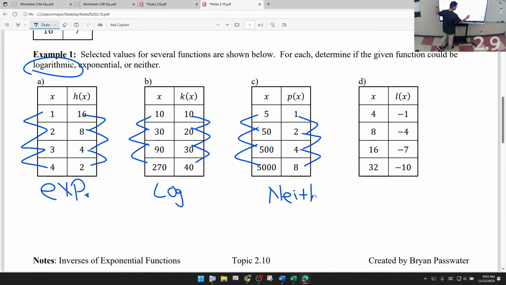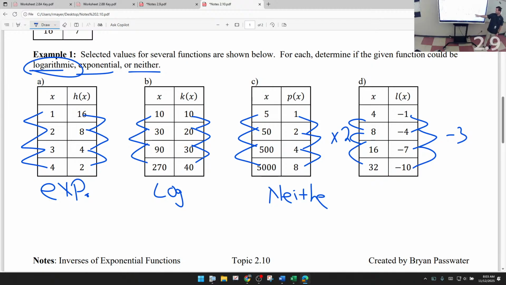Again, what were their questions? Logarithmic, exponential, or neither. So you don't have to worry about what it is. You can just worry about what it's not. So it is logarithmic when the x values are multiplied. 4, 8, 16, 32, multiplied by 2. And the outputs go negative 4, negative 3.